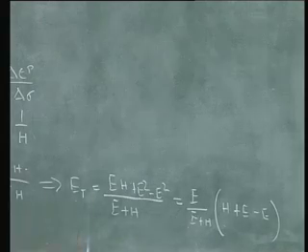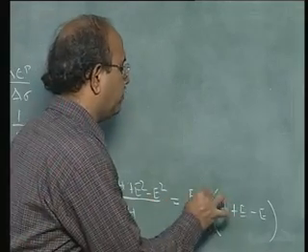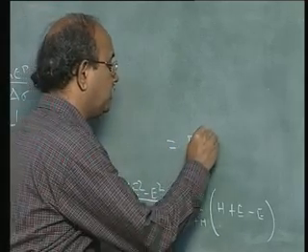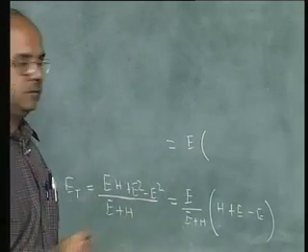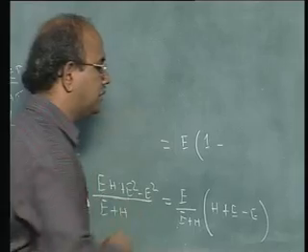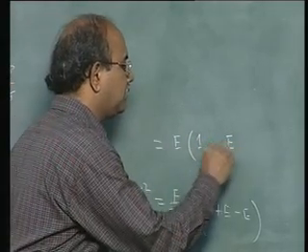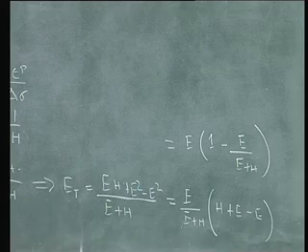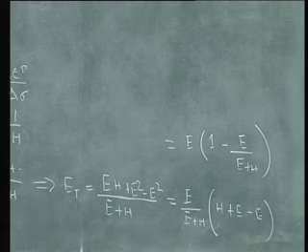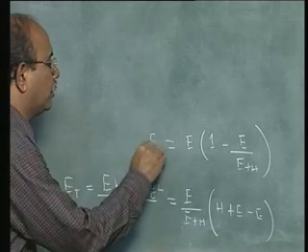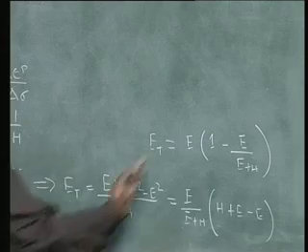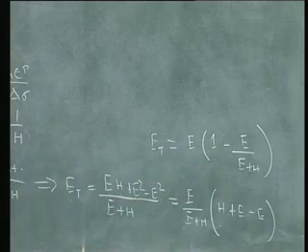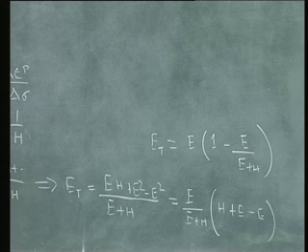Now this can be written in a slightly modified fashion as E into 1 minus E divided by E plus H. Actually, I did this small jugglery to show you one important factor. I could have retained this itself, but I just want to show you a small factor here.